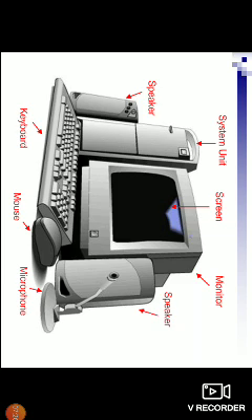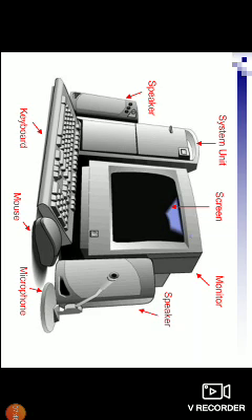Here, see this. This is a computer system, and see the picture clearly. Here we can see this screen. So monitor, speaker, mouse, microphone, keyboard, speaker, and system unit.